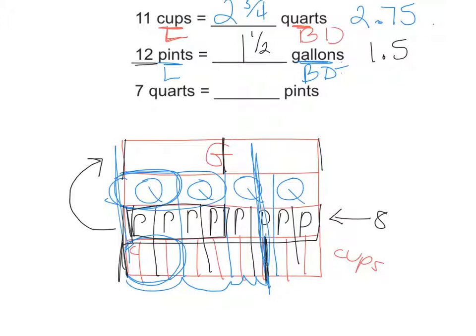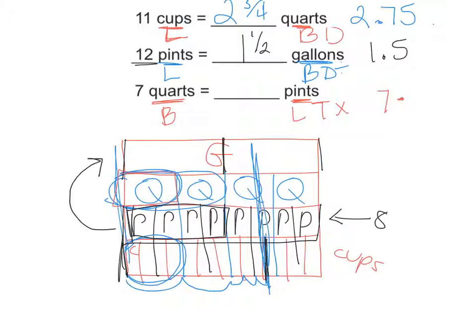Our last example is going from quarts to pints, and a quart is the bigger unit. So starting at a big unit, I'm going to move to a little unit, BLT. This is going to be multiplying. So I'm going to do 7 quarts times the relationship number. So now I want to look at the relationship between quarts and pints.